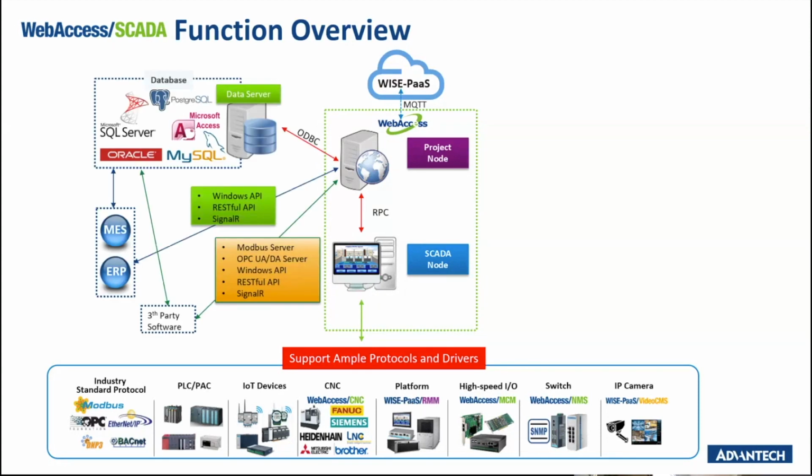Next, for an architecture that has a manufacturing execution system, MES, or enterprise resource planning, ERP, WebAccess can store the acquired and processed data onto a third-party database application. For example, Microsoft SQL Server, PostgreSQL, Oracle, MySQL, and more.